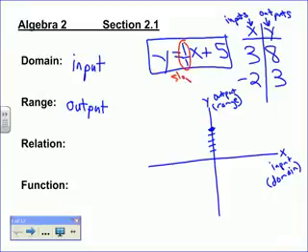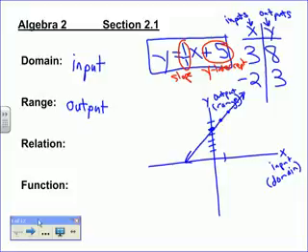So this is our slope, and this is our y-intercept. Okay, so how do I graph a slope of 1? Up 1/1. Good. Up 1/1, up 1/1. So there's our line.